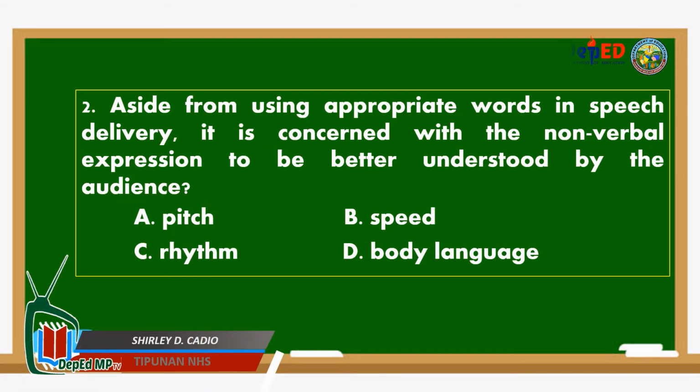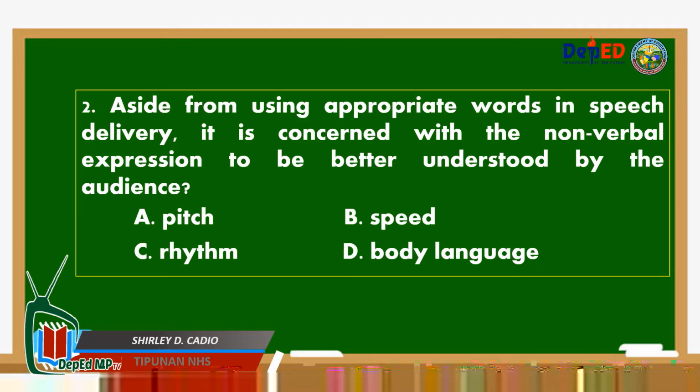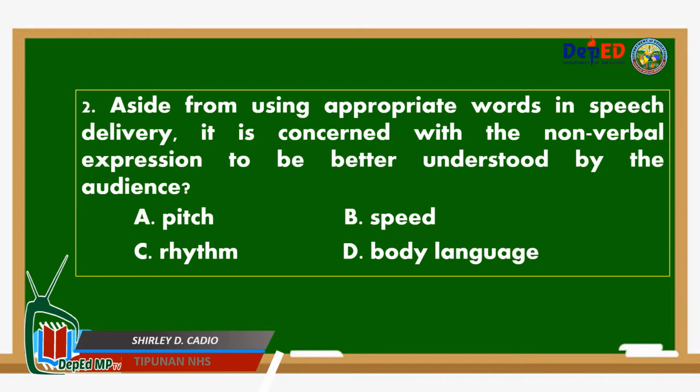Number 2. Aside from using appropriate words in speech delivery, it is concerned with the non-verbal expression to be better understood by the audience. Letter A. Pitch. B. Speed. C. Rhythm.